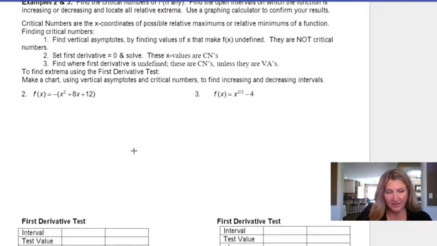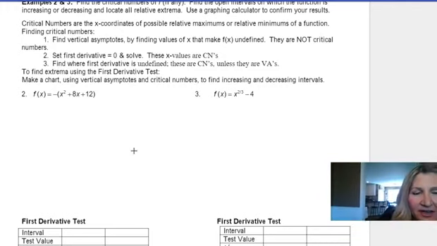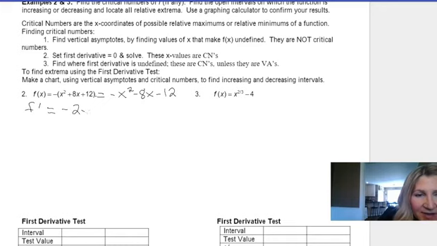All right, so looking at this first problem, before I take the derivative, I'm going to go ahead and rewrite the problem. I'm going to distribute. So that's going to give me negative x squared minus 8x minus 12. Now I'm going to have to take that derivative, and that derivative is going to be negative 2x minus 8.